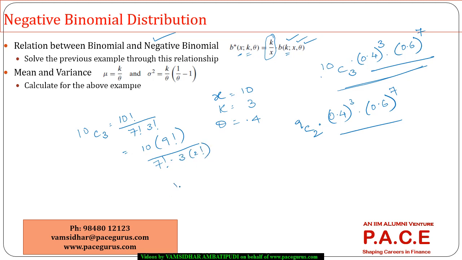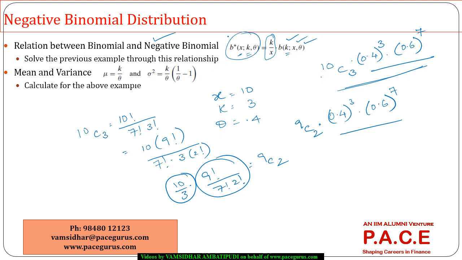So it becomes 10 by 3 into 9 factorial by 7 factorial into 2 factorial. All this is becoming 9C2. So I have simply made it as 10 by 3 times this, and multiplying by 10 by 3 gives the value associated with the negative binomial distribution.